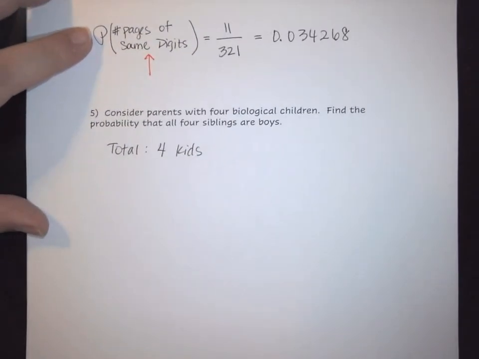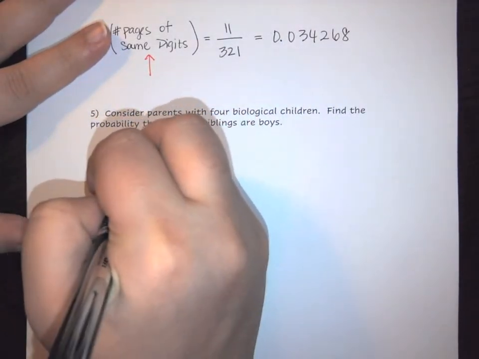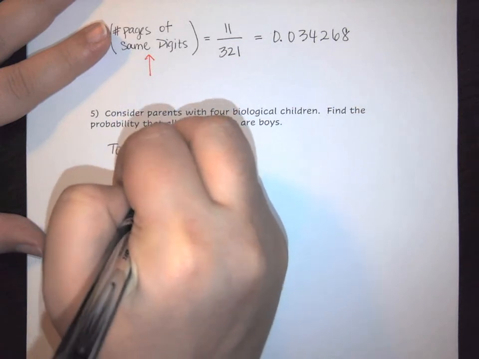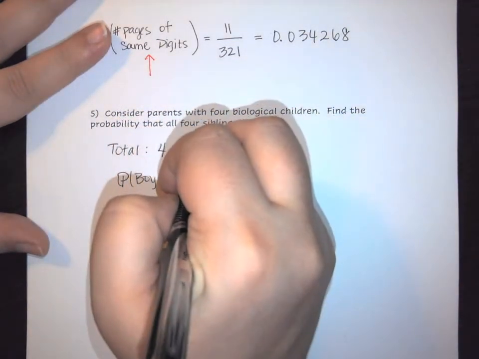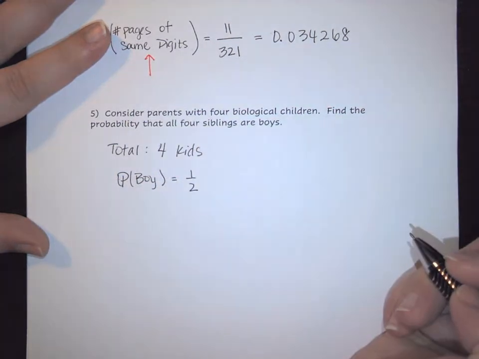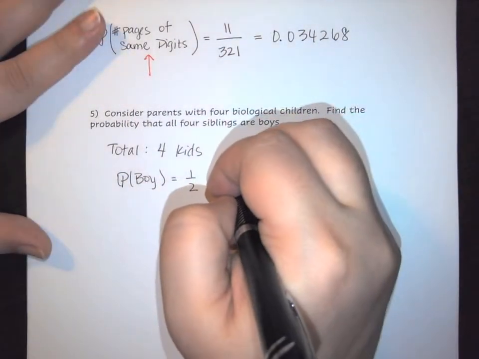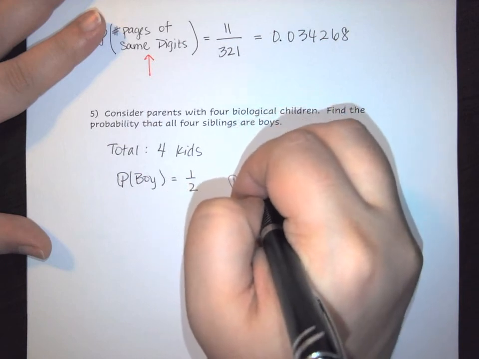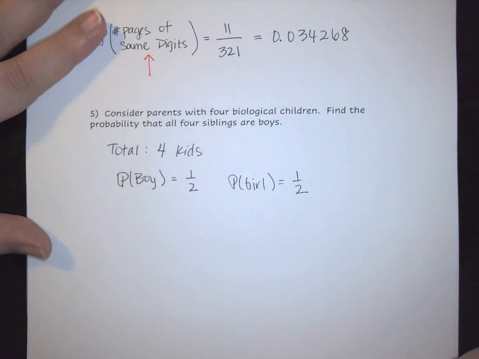Well, before I get there, I need to know what the probability of having a boy is in general. Well, that would be 1/2. And the reason for that is because we only have 2 genders to choose from. So that also means that the probability of having a girl is 1/2.